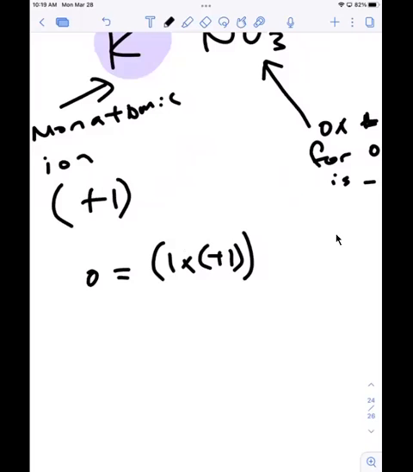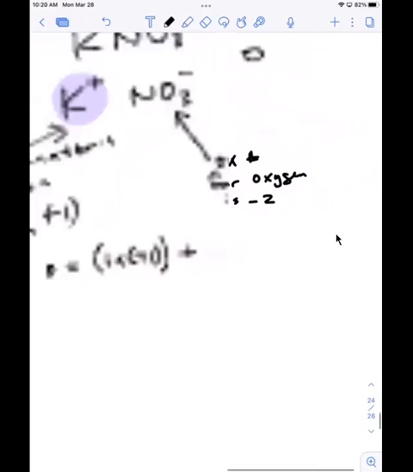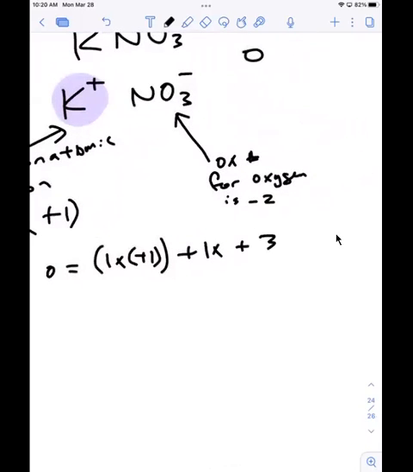That's what I'm concerned with, the process. We have 1 nitrogen, so this is going to be 1x. And then we have 3 oxygen, so that's going to be 3 times -2. Following? Anybody not following? So this little bootleg math that you learned in the 3rd grade is coming back now to help us figure out oxidation numbers.